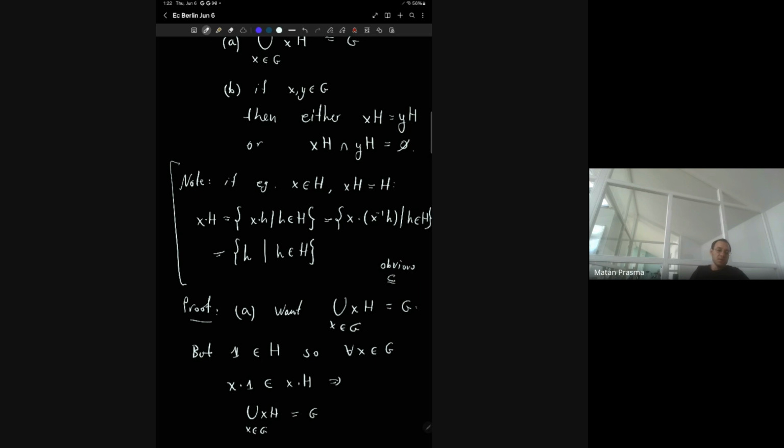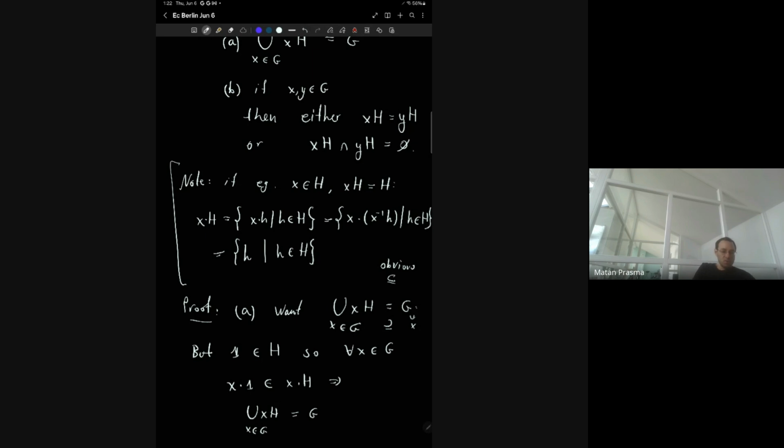So now I need to show this inclusion. I take an element x here, and I want to show that it belongs to the union. What does it mean to belong to the union? It means that it belongs to at least one of the sets of the union.